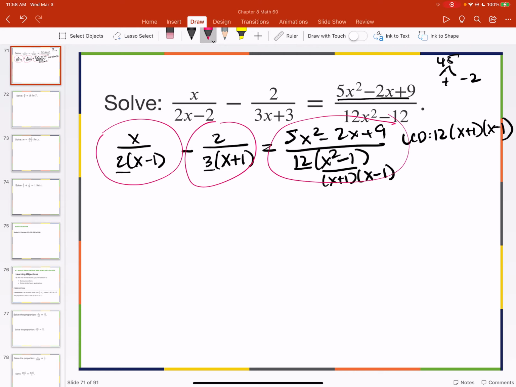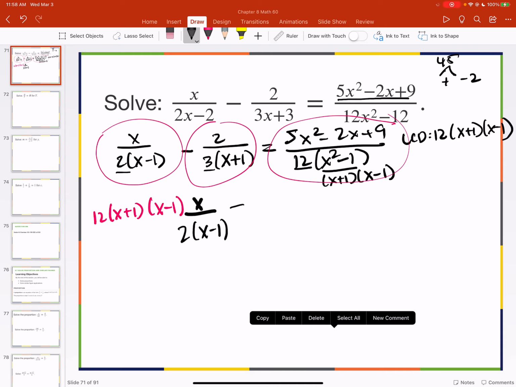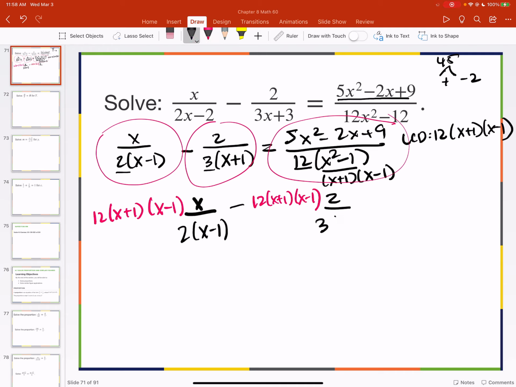So if you can do that, you're basically going 12 times (x plus 1)(x minus 1), multiply x over 2 times (x minus 1), and then a minus, and then you have, again, the LCD, 12(x plus 1)(x minus 1), times the fraction 2 over 3(x minus 1), plus 1, sorry, and then equals.